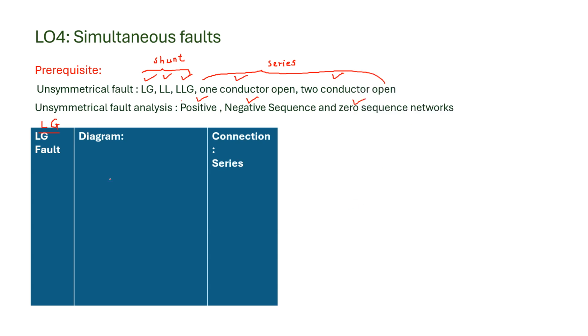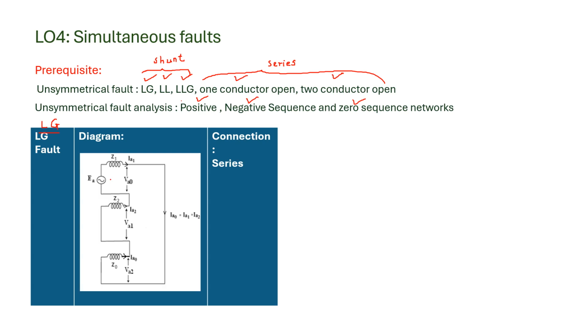Okay. So here I have drawn the table for LG fault. In the diagram you can see all the sequence networks. This is the positive, this is the negative and this is the zero sequence network. They are all connected in series, and here we are not considering any fault impedance.